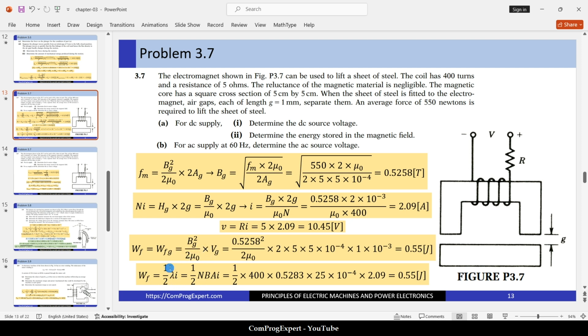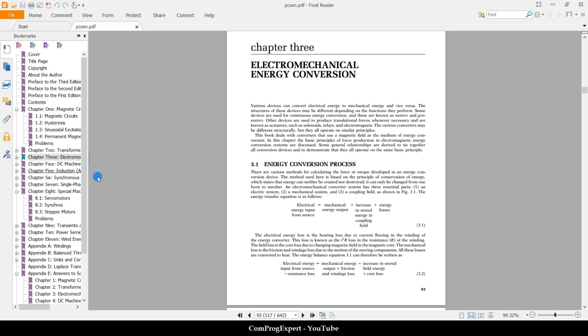So here, instead of flux linkage, you can write NBA, number of turns, flux density, cross section area, and this is the current. If you replace the numbers, we will have the same value here, 0.55 joule.